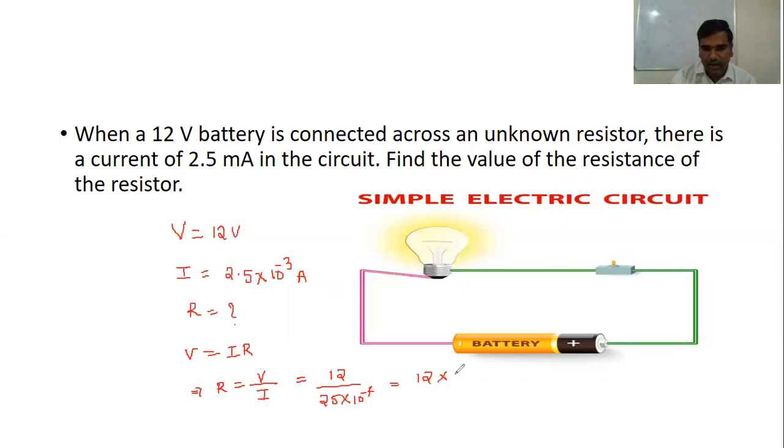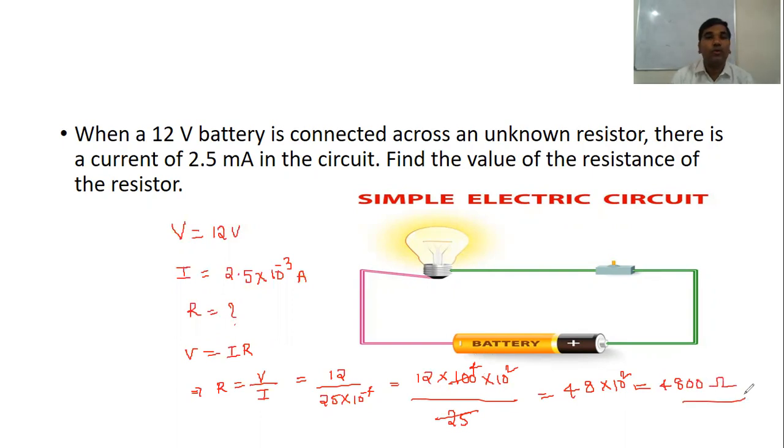So R I can write 12 × 10^4 divided by 25. Because this is 10^2, 25 fours are 100, so 12 into 4, 48 into 10^2, or this can be written as 4800 ohms or 4.8 kilo ohm. So the value of resistance is this much.